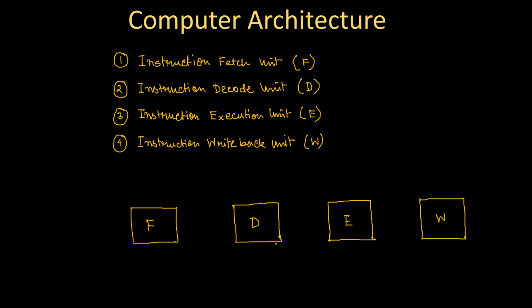For example, if I draw a direct line over here in this way, and assume that for instruction 1, fetch will be done, then decode, then execution, then the result will be written back in the memory, and then fetching of instruction 2 will start, then there is no issue.